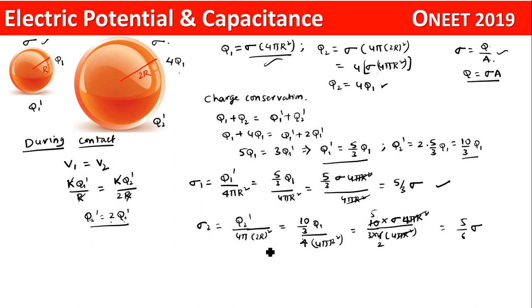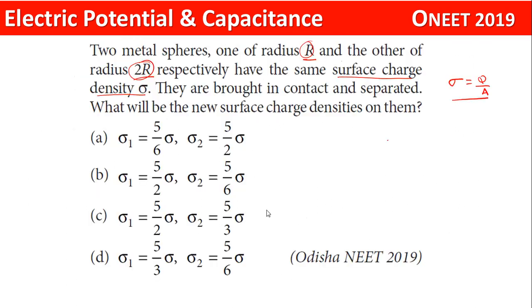So sigma 1 is 5 by 3 sigma and sigma 2 is 5 by 6 sigma. Which is the answer? This one. Thank you very much for your kind attention.